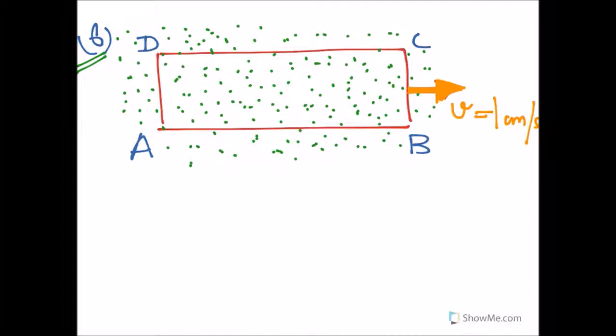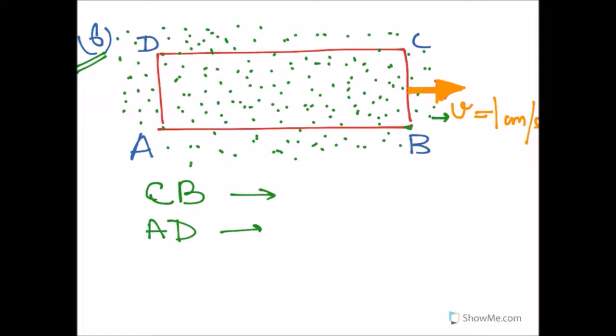The next part of the question says that the same rectangular loop is now pulled in this direction, perpendicular to the shorter side of the loop. So again EMF will start getting induced in the loop only when the arm CB of the loop starts leaving the magnetic field, and will last till arm AD leaves the magnetic field.